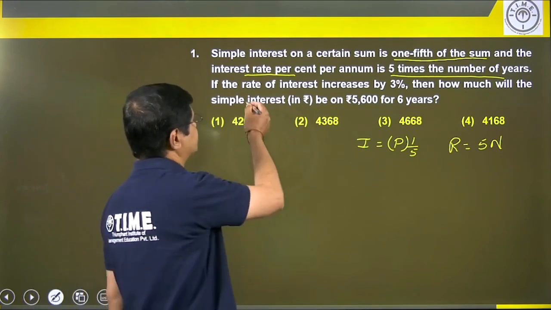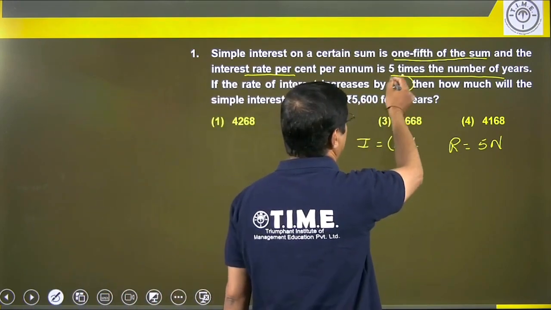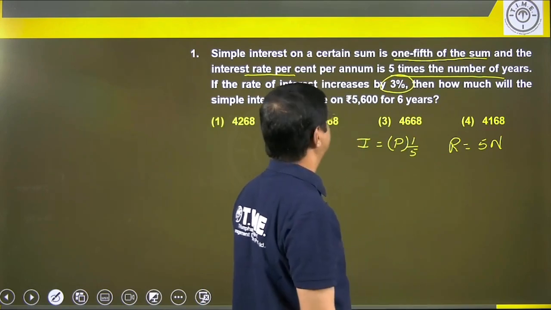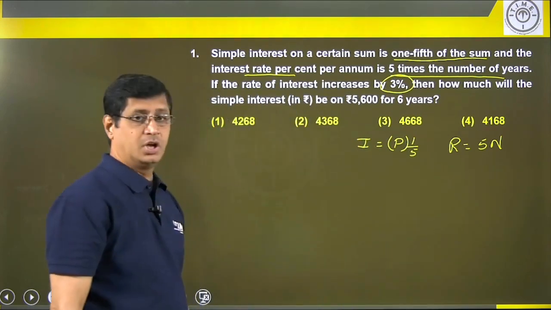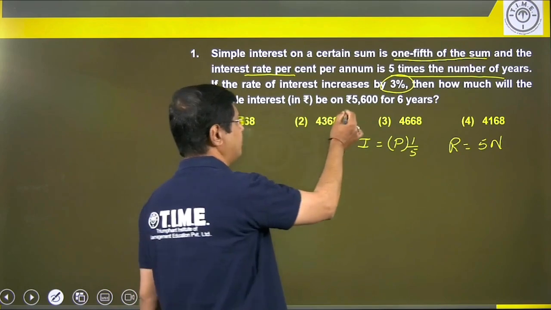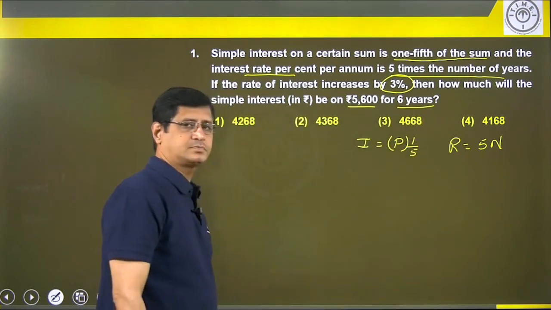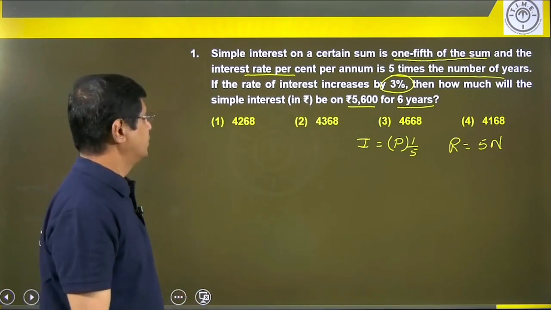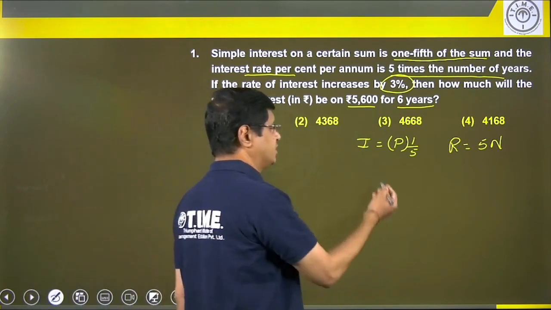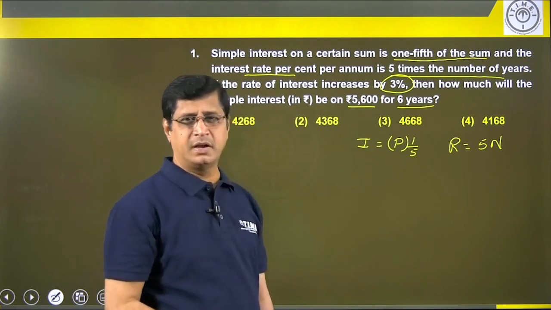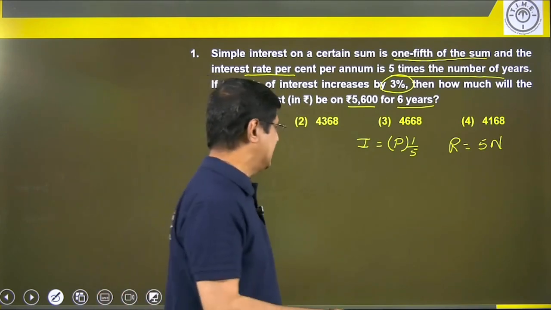If the rate of interest increases by 3%, then how much will the simple interest in rupees be on rupees 5,600 for 6 years? First of all, find out the rate of interest. What is the simple interest formula? PNR by 100 or PTR by 100 or PRT by 100.